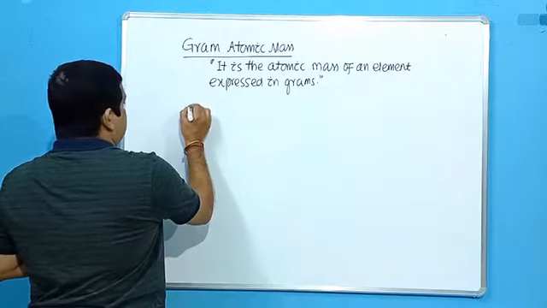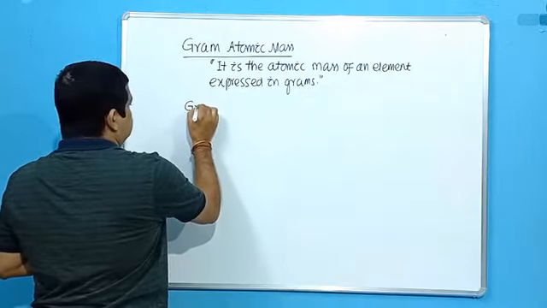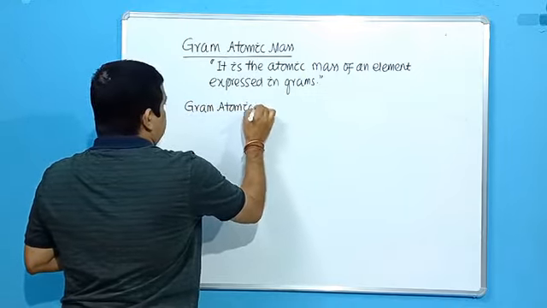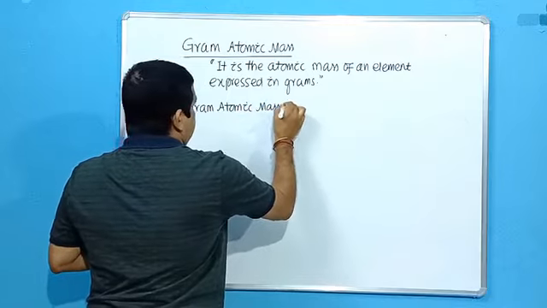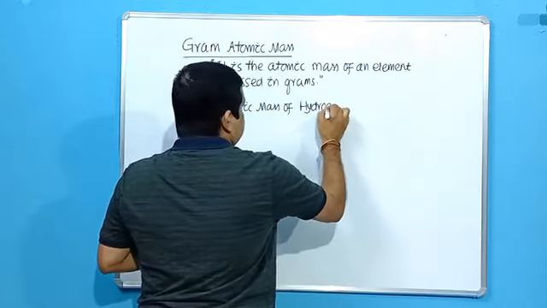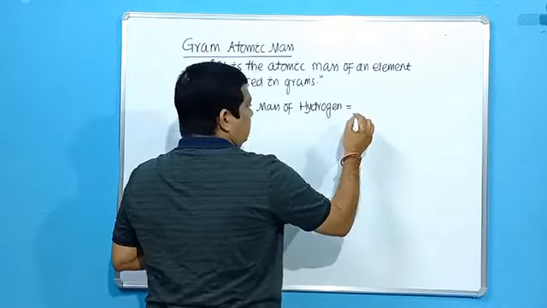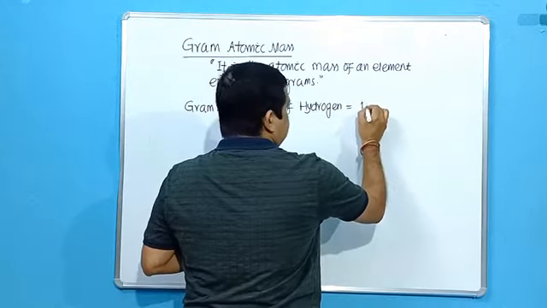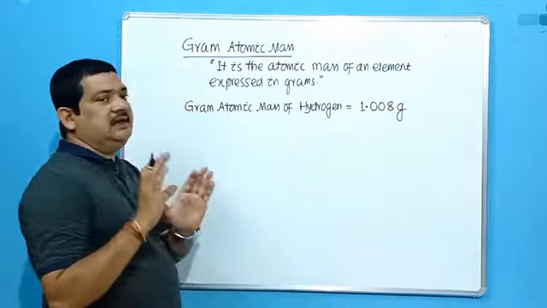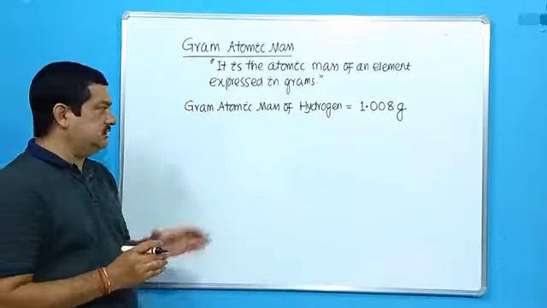For example, what will be the gram atomic mass of hydrogen? We know the atomic mass of hydrogen is 1.008. So gram atomic mass means we will simply add a g to the side of 1.008.